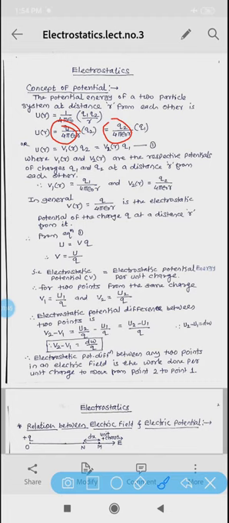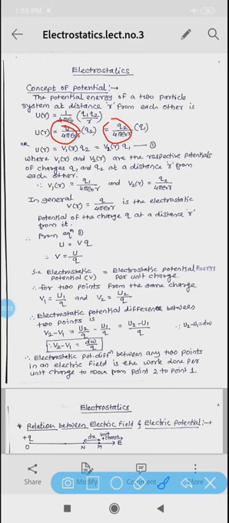So U(r) is equal to V1(r) Q2 or V2(r) Q1. Note this as equation 1, where V1(r) and V2(r) are the respective potentials of the charges Q1 and Q2 at a distance r from each other.